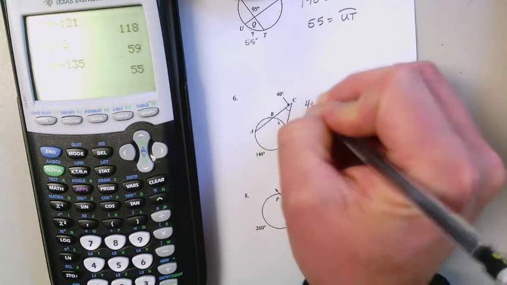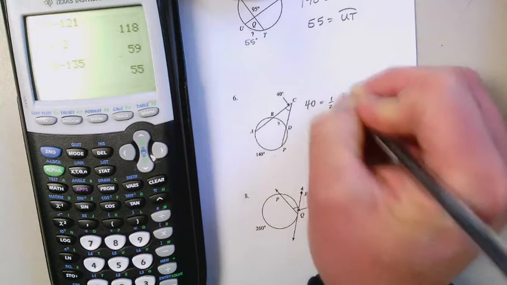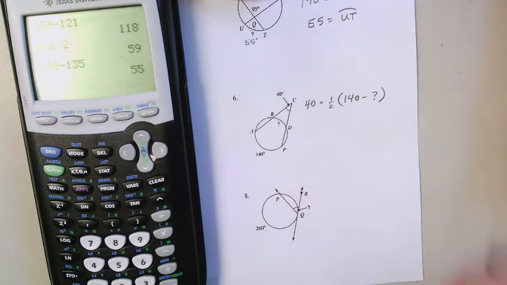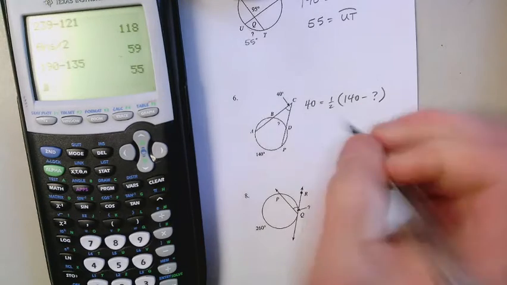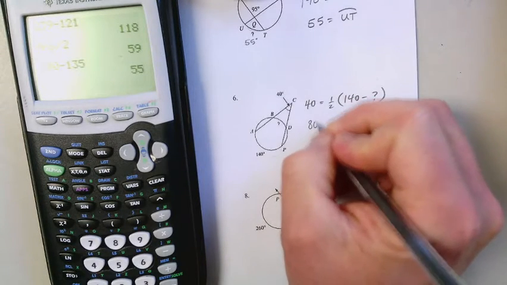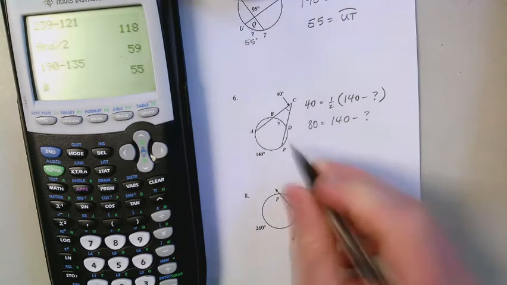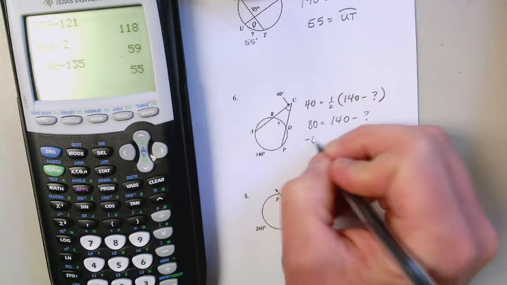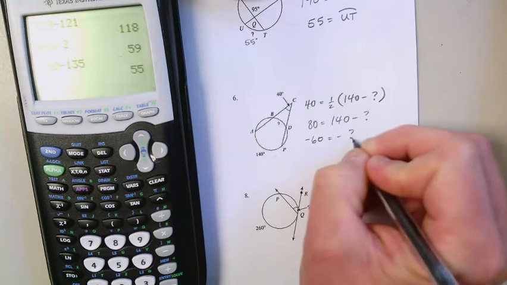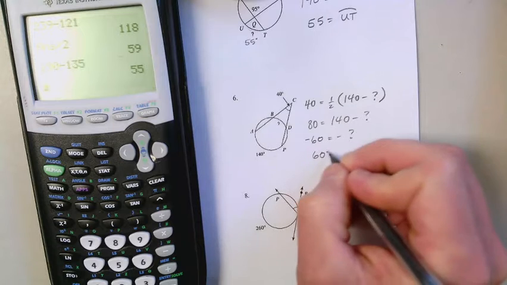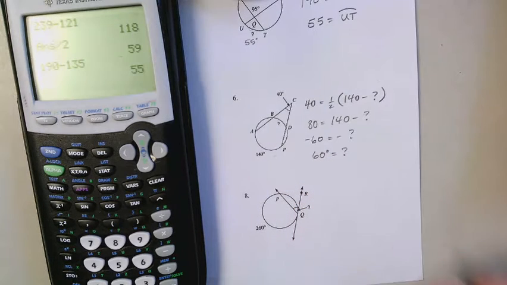If the angle's on the outside, remember, it's half the difference of those two arcs. So I'm going to do 140 minus the question mark. If I multiply both sides by 2, I get 80. If I subtract 140, I get negative 60. I still have a negative question mark, so if I divide through by negative 1, 60 degrees will be the question mark right there. That's what we're looking at for number 6.